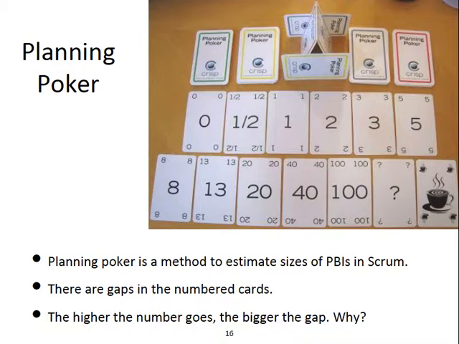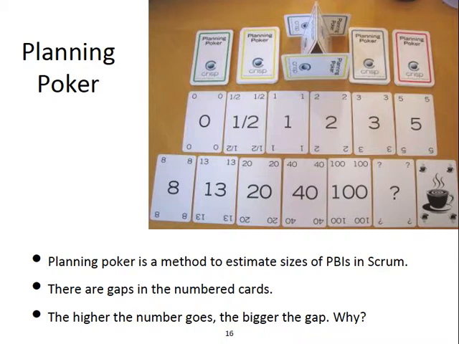Some people put down 2, some put 5, some put 13. Perhaps the middle is 5 and 8, while at the extremes some give 2 and some give 13. We disagree in the amount of work that is required to complete this task. So what happened next?